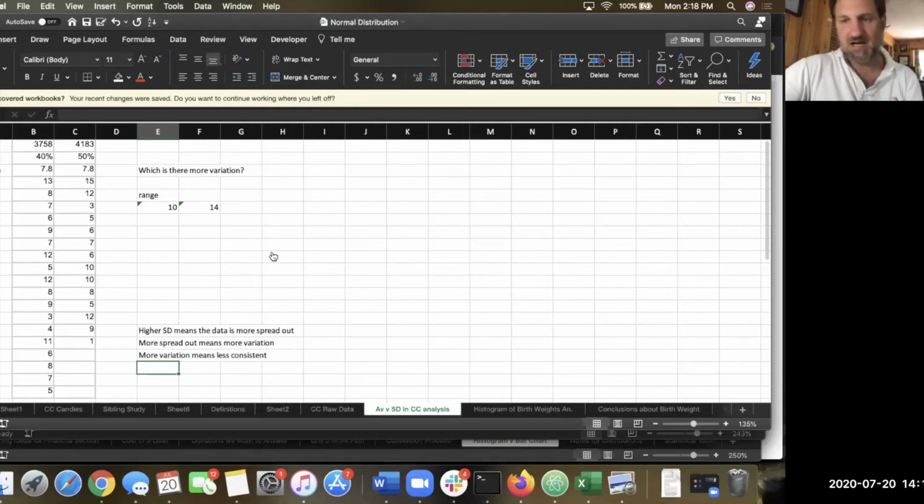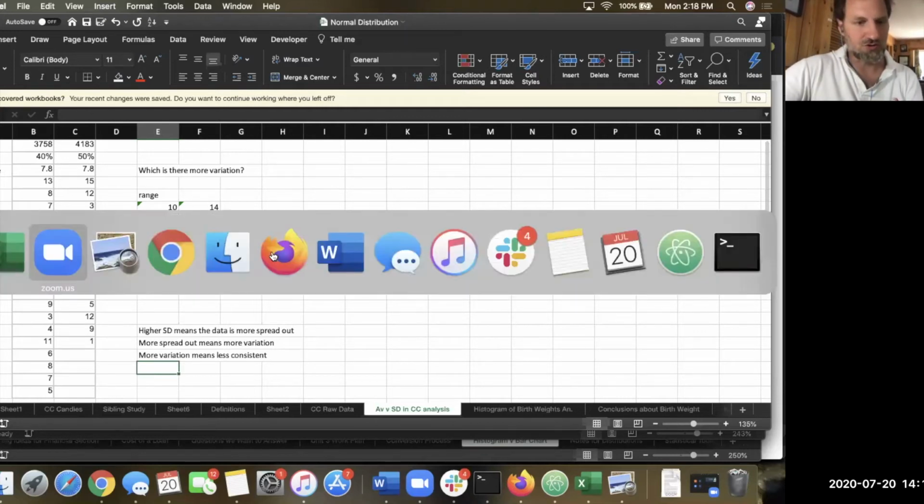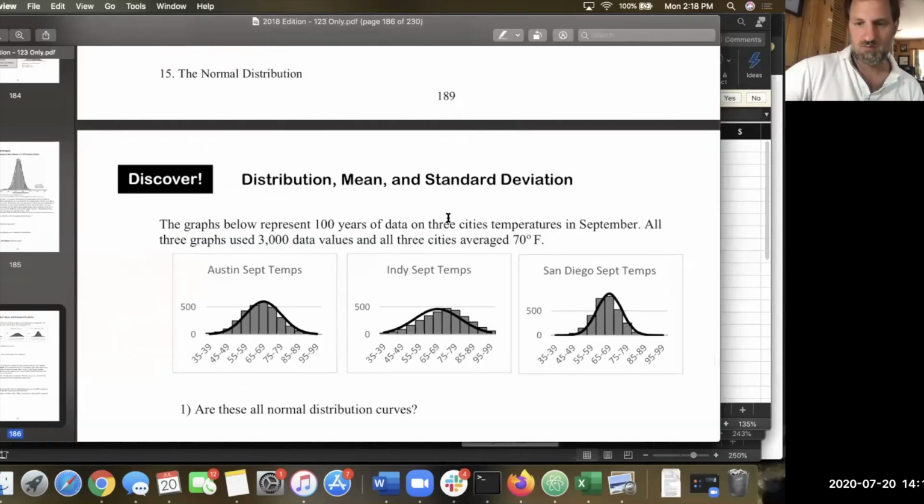Okay, now let's go back to this picture here. This is a visual representation of that. These are 3 graphs. They're all histograms, and they all basically are the same thing, which is looking at 100 years of information. How warm was it in September in 3 different cities in the US?